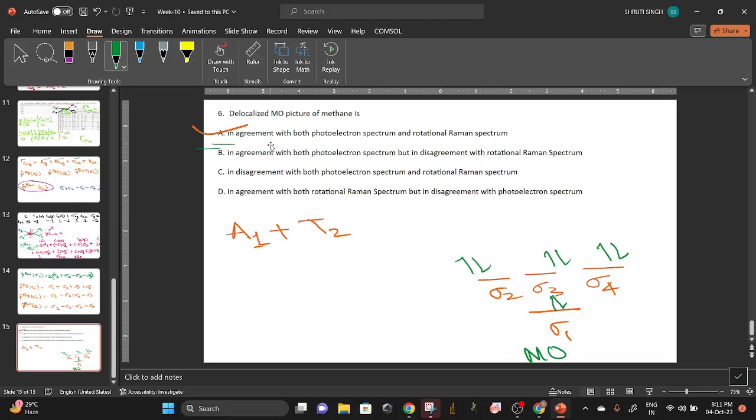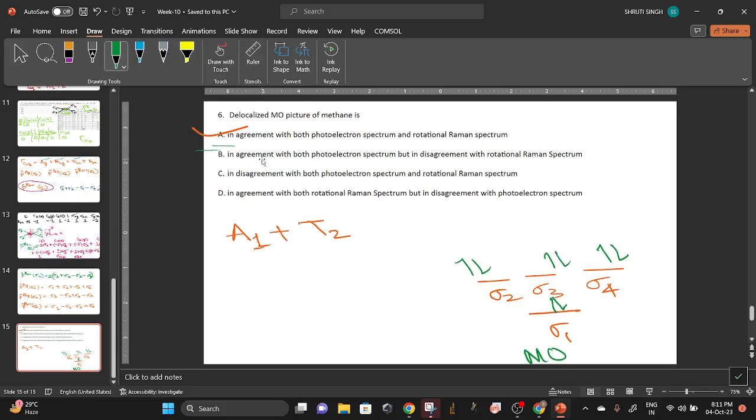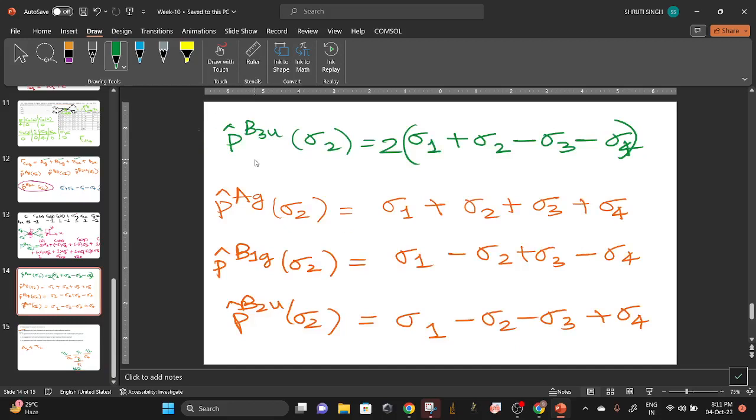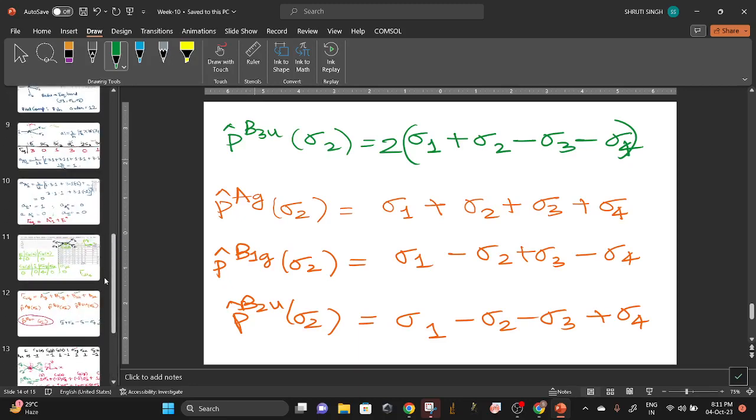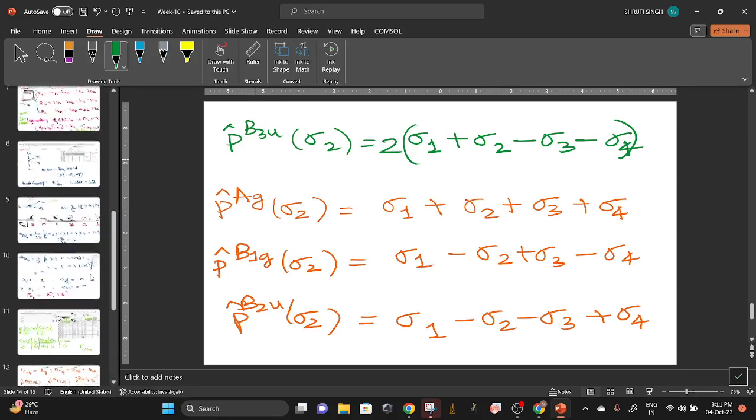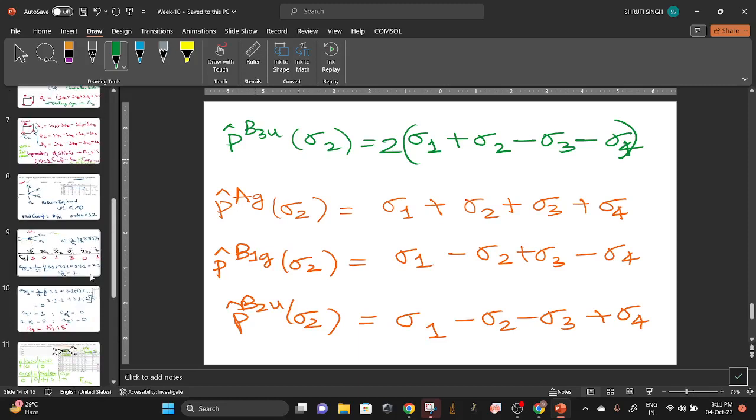So this was the last question for today's assignment. If you have any other doubts, you can ask. What was the second question that went wrong for you? 4 and 5.